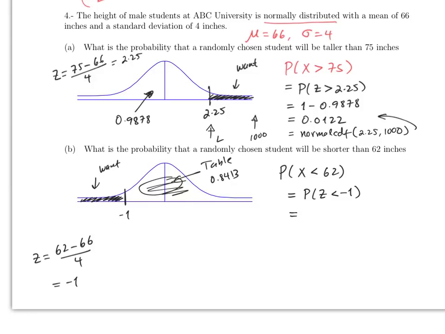So we use the table. This will be 1 minus 0.8413, which is equal to 0.1587, or if you use the calculator, this will be normal CDF.